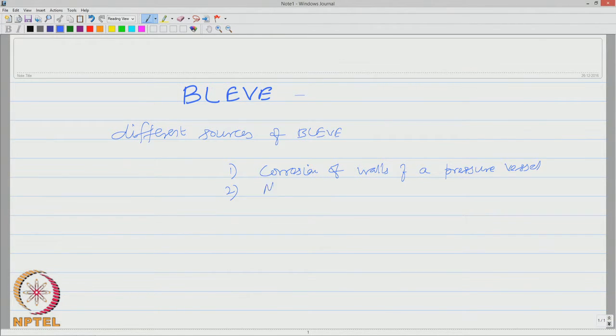It could also arise because of mechanical damage caused to the vessel by impact loads.